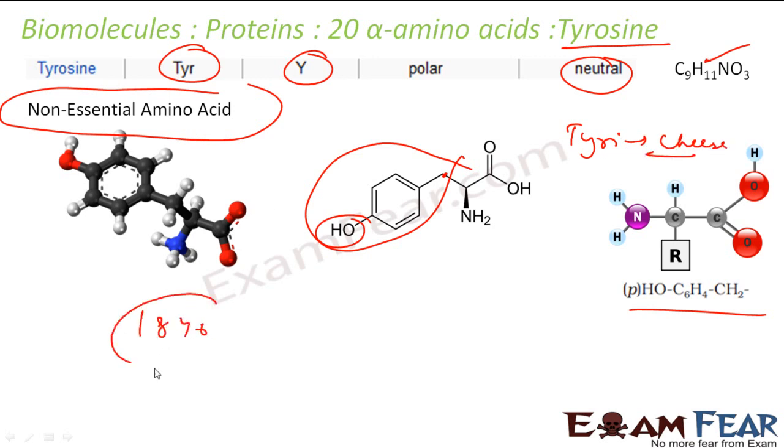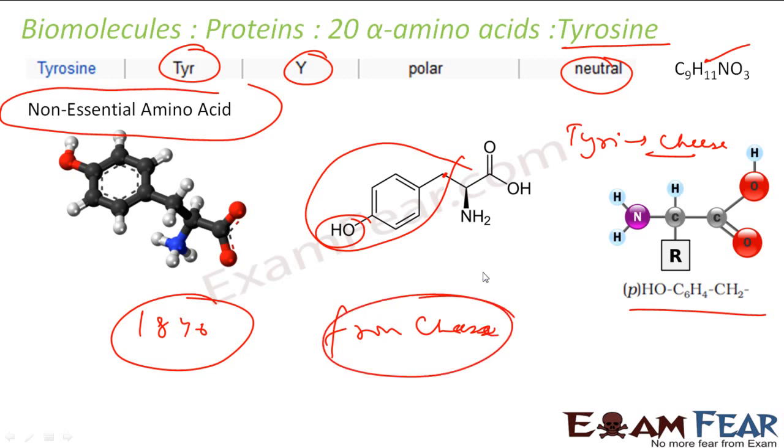It was discovered in 1846 by German chemist Justus von Liebig from cheese. So the word is tyrosine. It plays an important role in photosynthesis, and it is found in chicken, fish, peanuts, almonds, milk, cheese, yogurt, bananas.